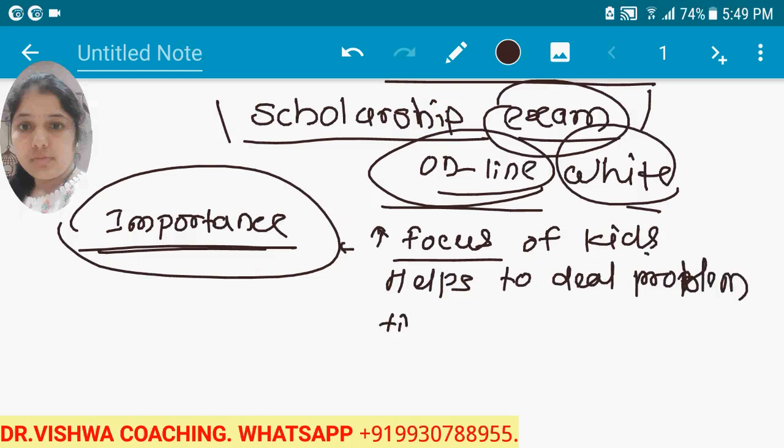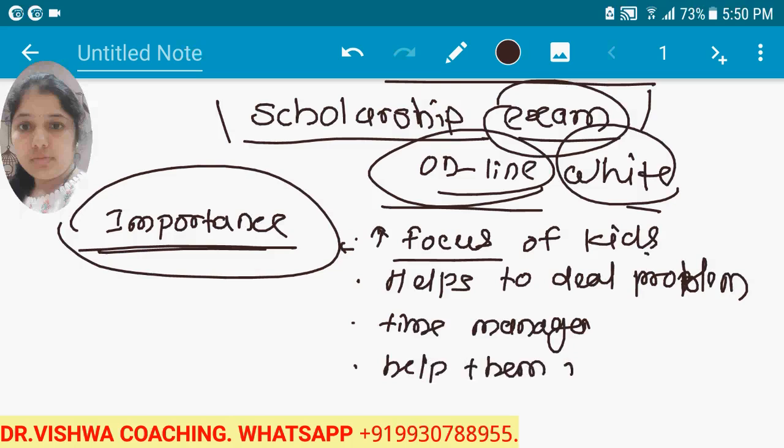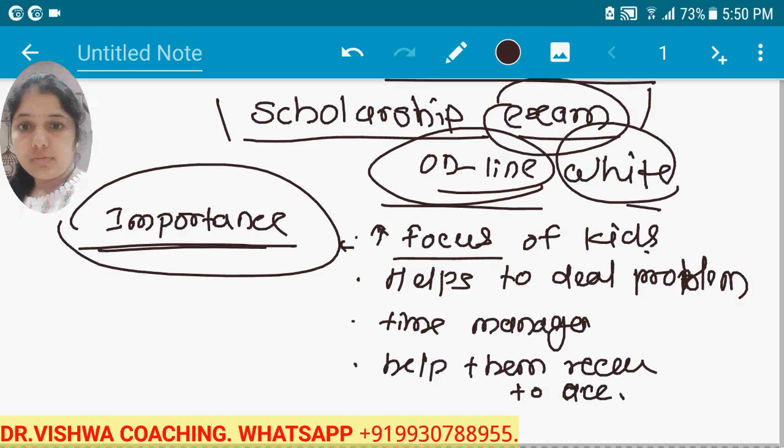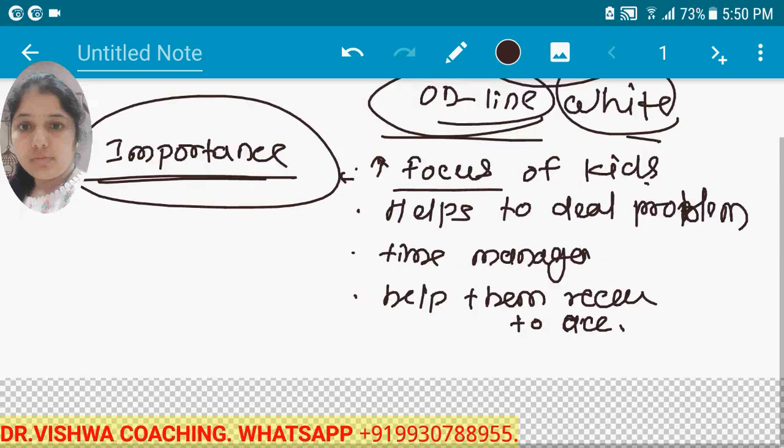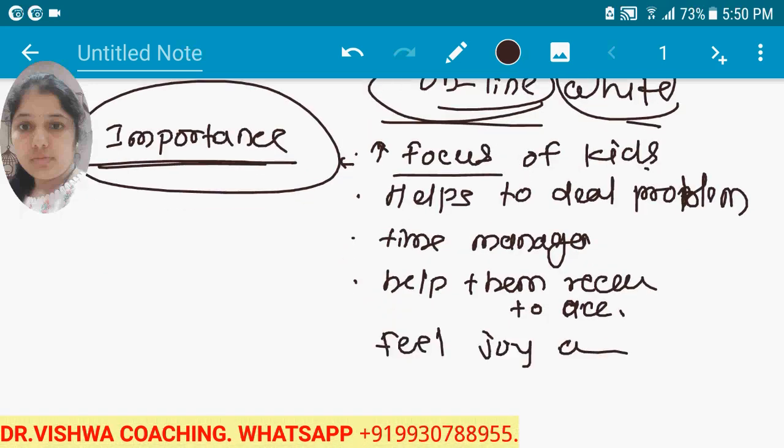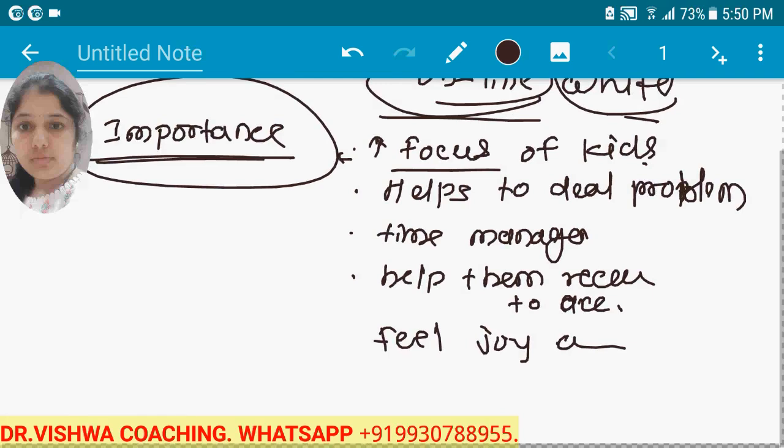Their time management ability will improve while solving the sums in a given limited time period, and it will also help them to recall things, to accept failure, and to feel the joy of achievement. So these are all the benefits of giving the competitive exam.